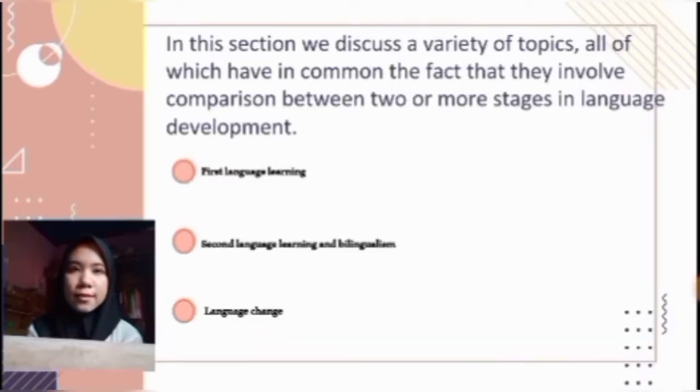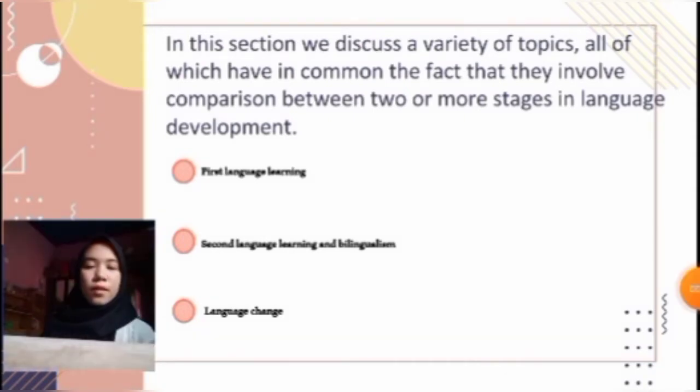In this section, we discuss a variety of topics, all of which have in common the fact that they involve comparison between two or more stages in language development.